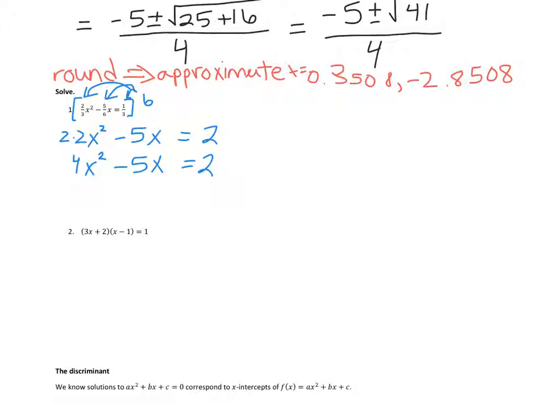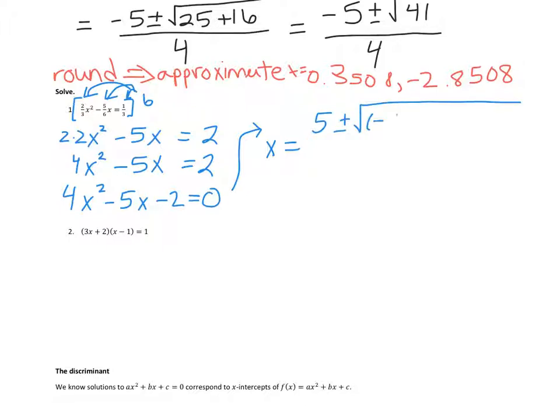So with the quadratic formula, and especially when we see that middle term, 5x, we're going to make one side 0, just like before. That's our strategy again, when we have that middle term 5x. And now we can do the quadratic formula. So x equals the opposite of b plus or minus the square root of b squared minus 4ac, all over 2a.